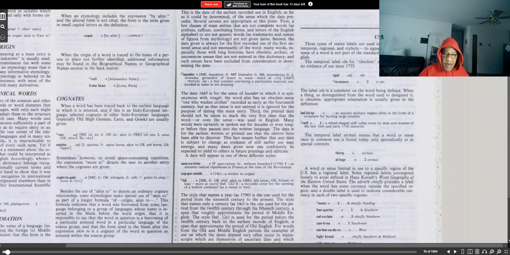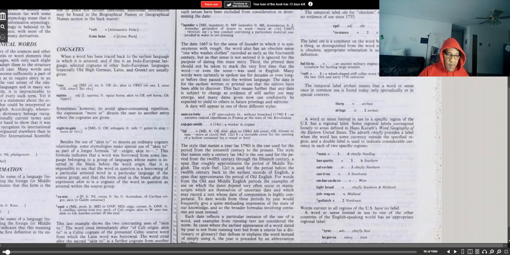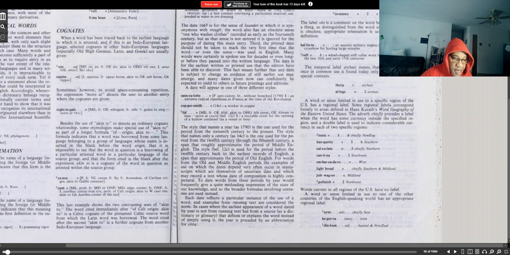Remember, the 1400s had those two parentheses, 14 and a little letter C, meaning century.